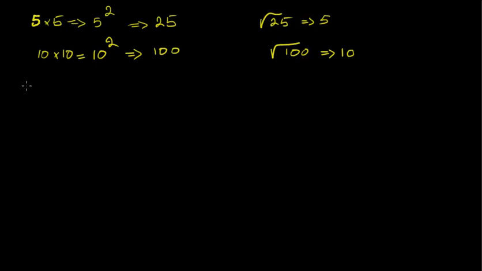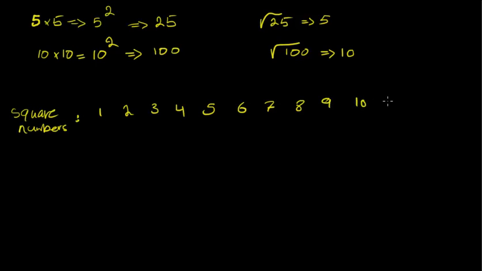I'm going to list some of the square numbers and their perfect squares for you here to see. Let's say square numbers, which are 1, 2, 3, 4, 5, 6, 7, 8, 9, 10, 11, 12. I think it's enough for now. Maybe we add one more here.